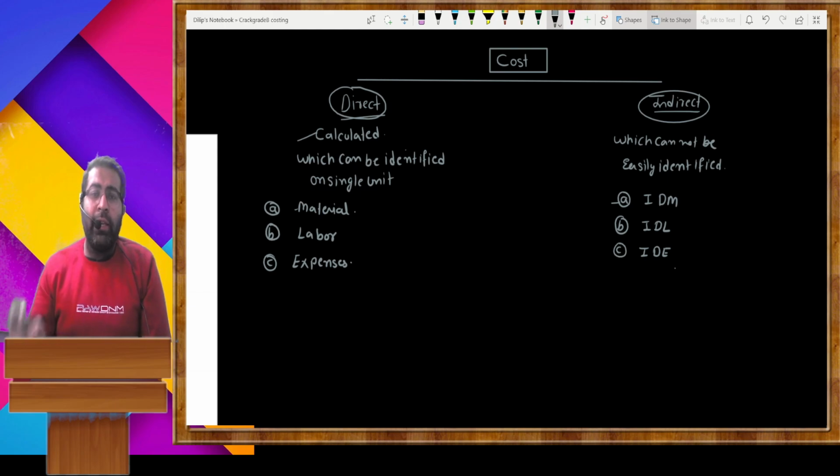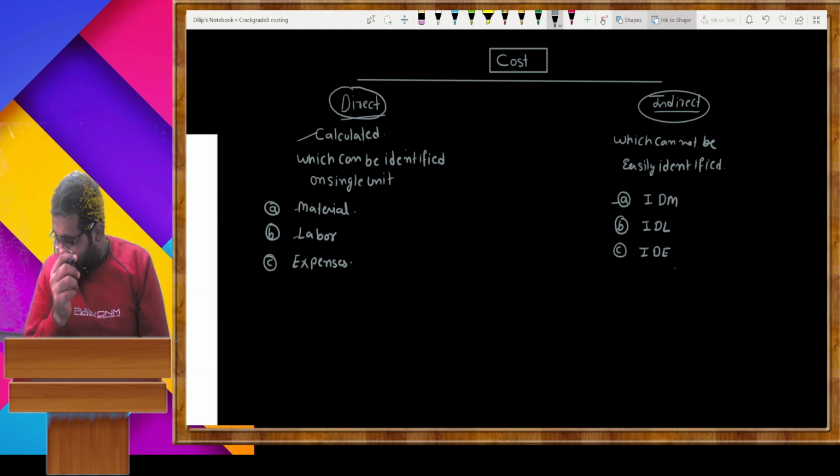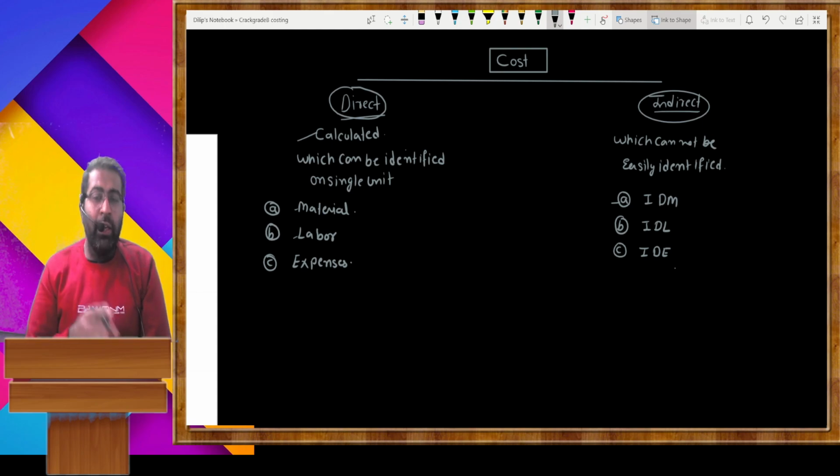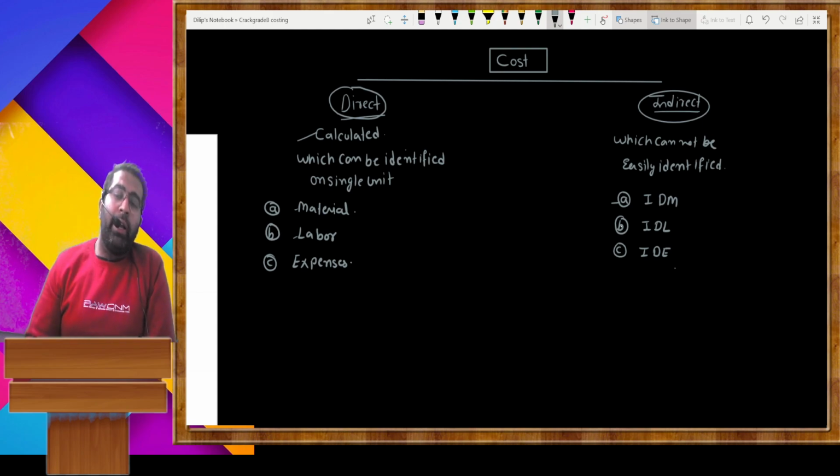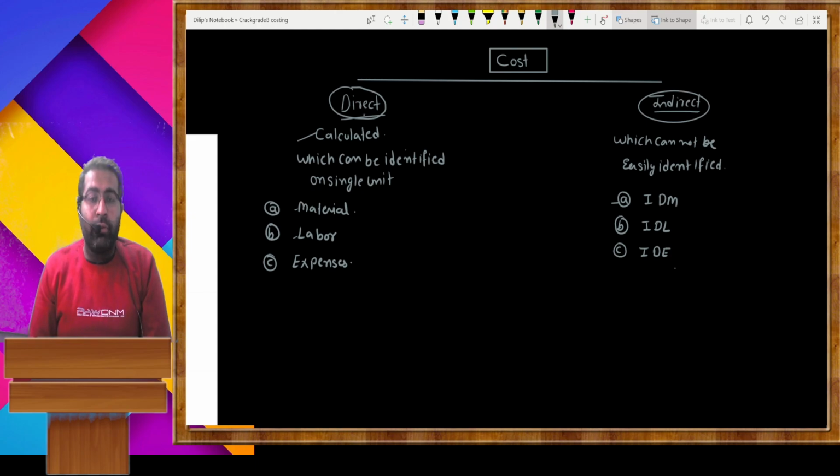The amount charged by the tailor is an example of direct labor, but the amount charged by the ironing man who is working with the tailor is indirect labor. Expenses which are easily identifiable are direct expenses, but those which are not easily identified are indirect expenses.